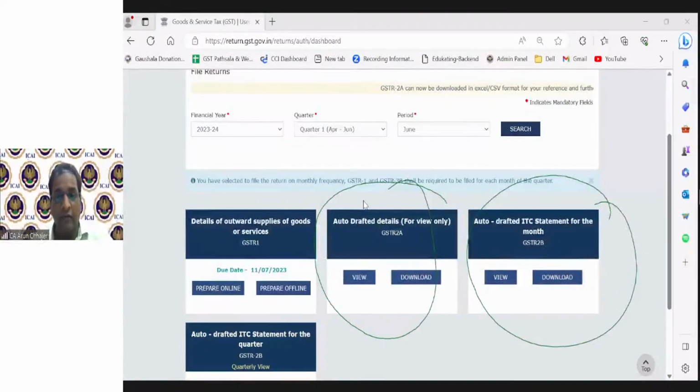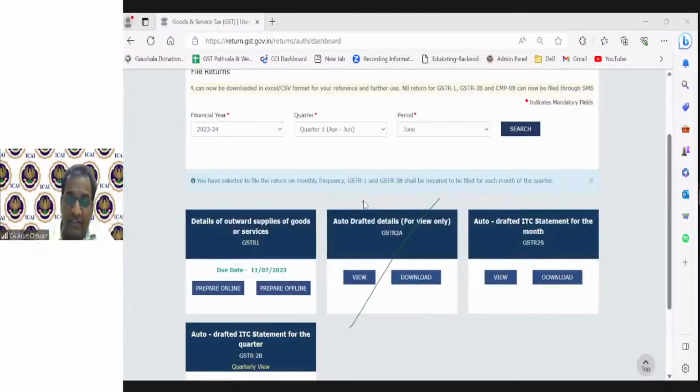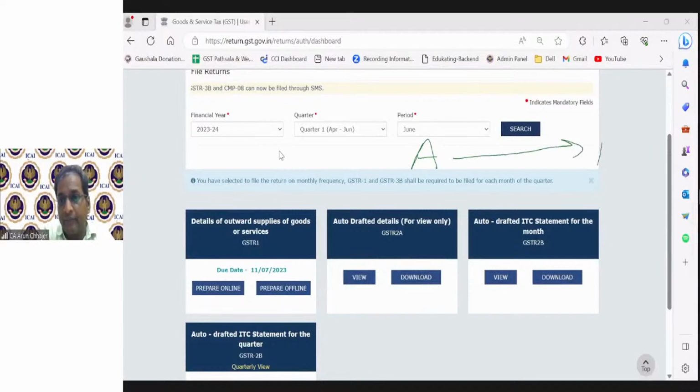First point, for taking the ITC, you have to refer only to GSTR 2B. For taking the input tax credit, the GSTR 2A will be ignored. What is the difference between 2A and 2B? Supplier A is making the supply to customer B, and B will take the ITC.